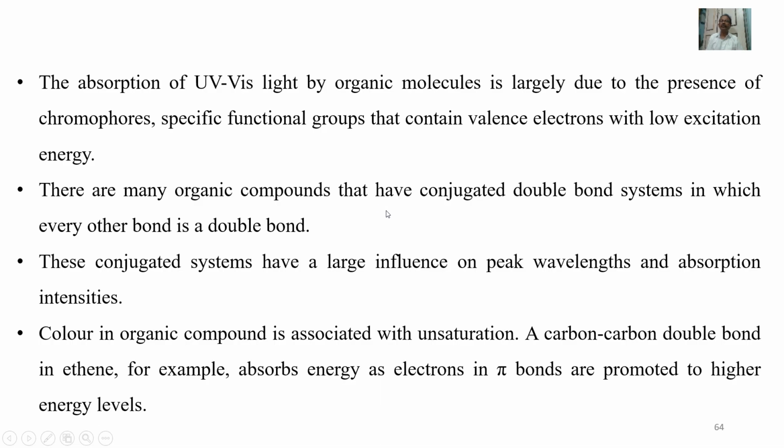These conjugated systems have a large influence on peak wavelengths and absorption intensities. Color in organic compounds is associated with unsaturation. A carbon-carbon double bond in ethene, for example, absorbs energy as electrons in pi bonds are promoted to higher energy levels.